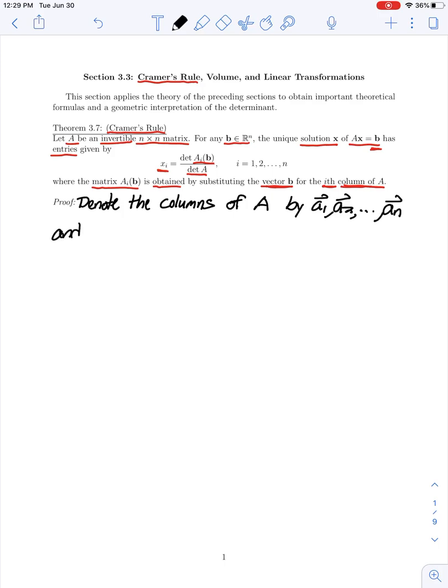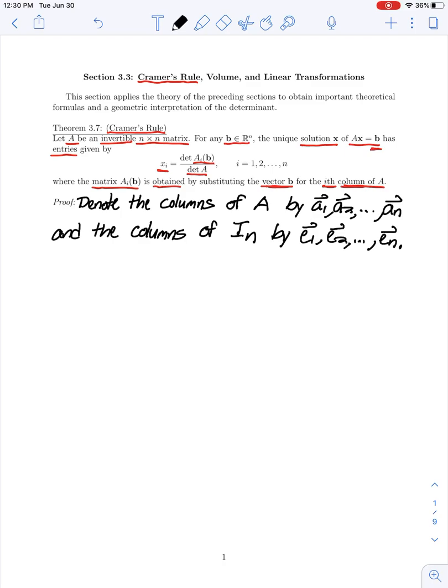And we're going to denote the columns of the identity matrix, in particular the n by n identity matrix, which is denoted I or I sub n, by E1, E2, up through En.